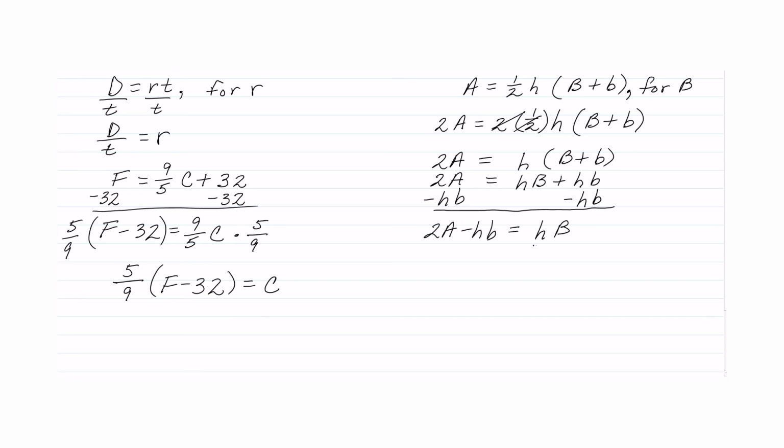And lastly, we need to divide both sides by h, and we're done. So capital B is going to equal 2 times a minus h little b, all divided by h.